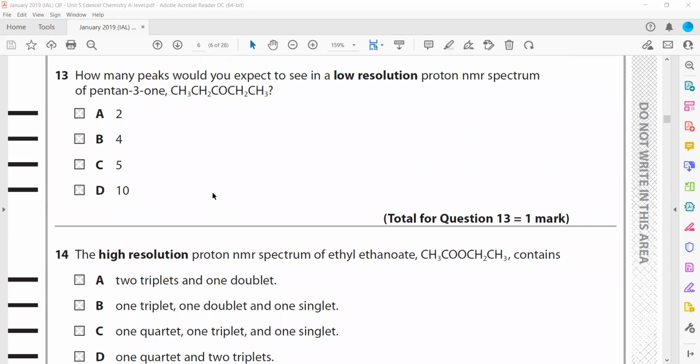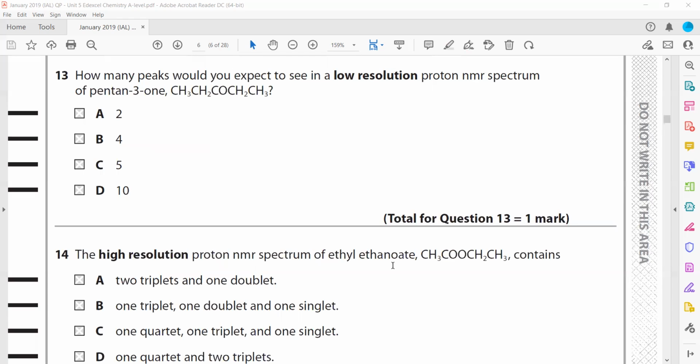How many peaks would you expect to see in a low resolution proton NMR of this compound? So we have to check the number of hydrogen environments. If they're identical, we'll get one peak only for that identical part.